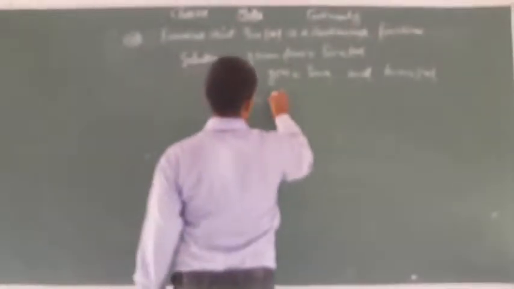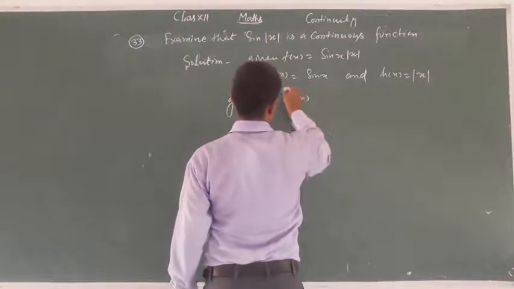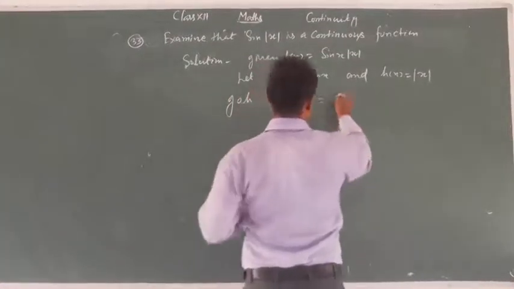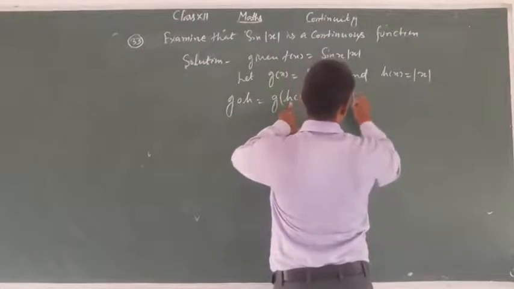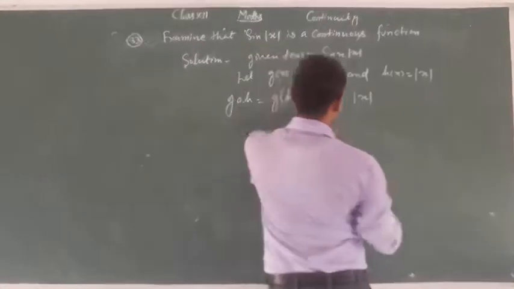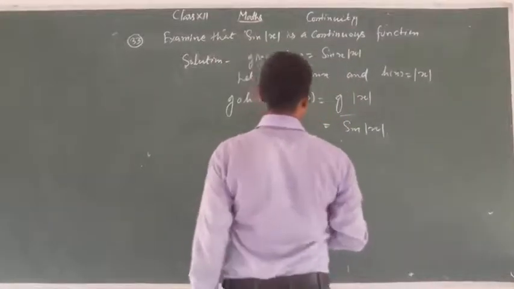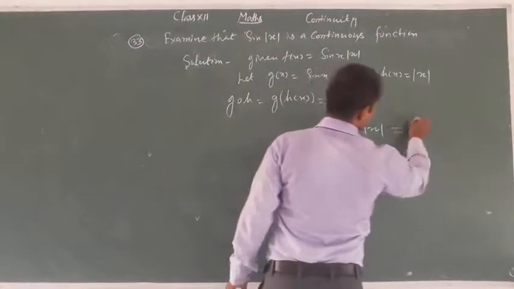So g∘h(x) is equal to g(h(x)) is equal to sin|x|. So this is f(x).